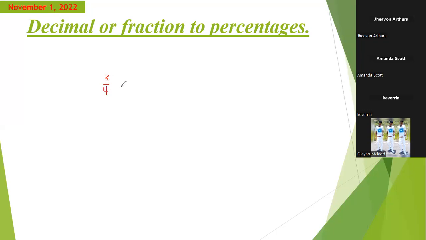now when you're writing a fraction as a percentage, you want to know how much it is out of 100. So if you multiply 100 by the fraction, you want to find out how much this fraction is out of 100.